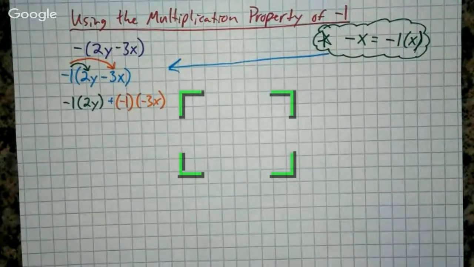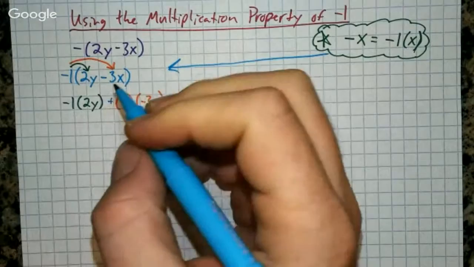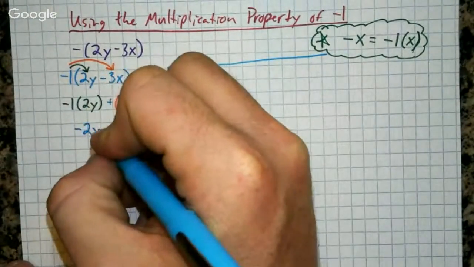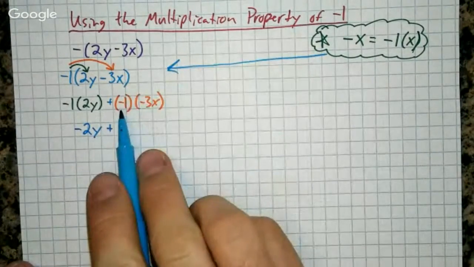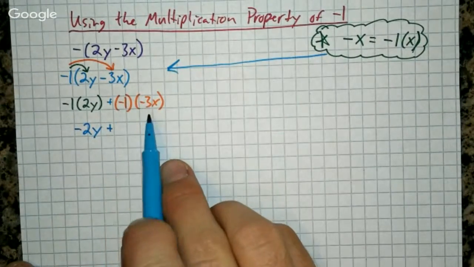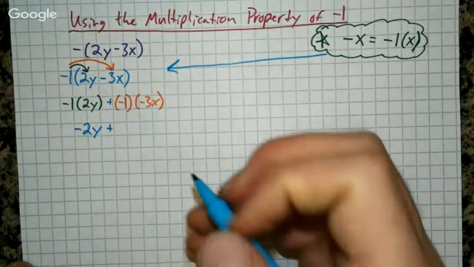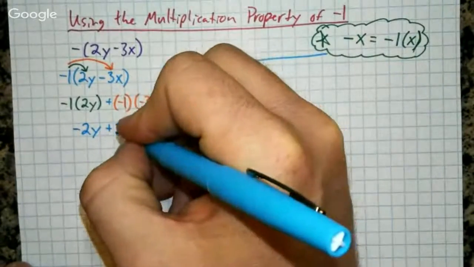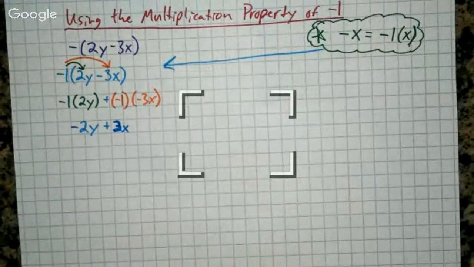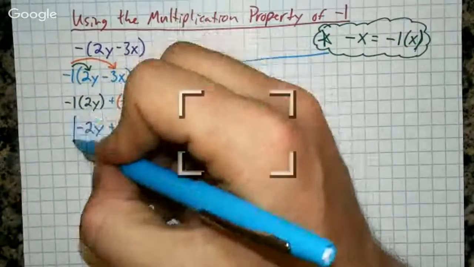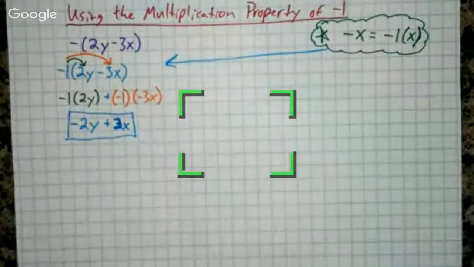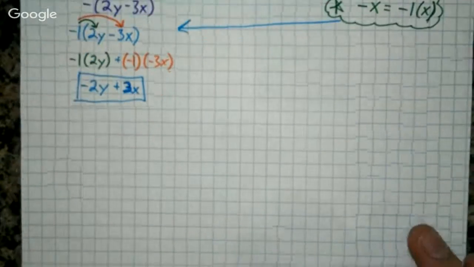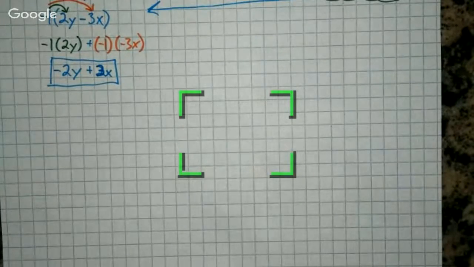And we just need to simplify that. -1 times 2y, it's just going to be its inverse, which is going to be -2y plus -1 times -3x. Those are both the same sign, which means that's going to be positive. It's going to be, its inverse, 3x. So -2y plus 3x, there's nothing else we can do because those are not like terms. And there we go.